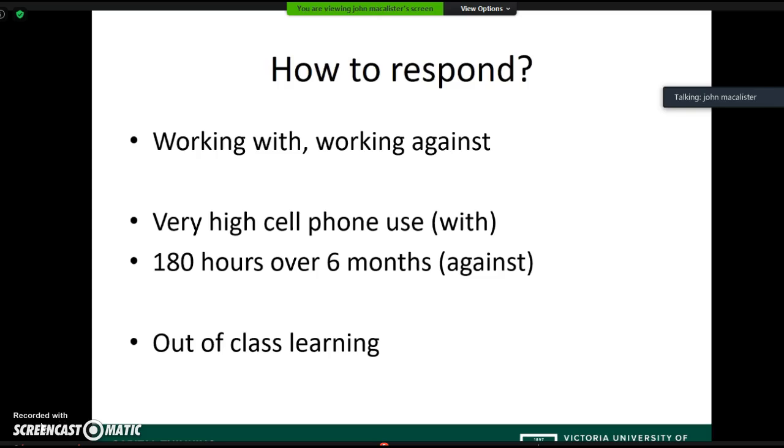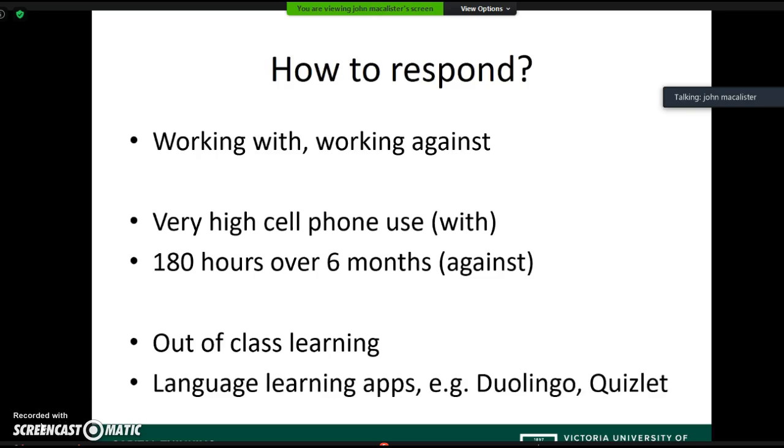And you think, oh, well, I could give them homework, but homework is so boring. And no one ever does homework properly. But then if you think, okay, the literature says that these young men will be very high users of cell phones. So when you think about out-of-class learning, think, okay, how can we take advantage of high use of cell phones? Let's use language learning apps.